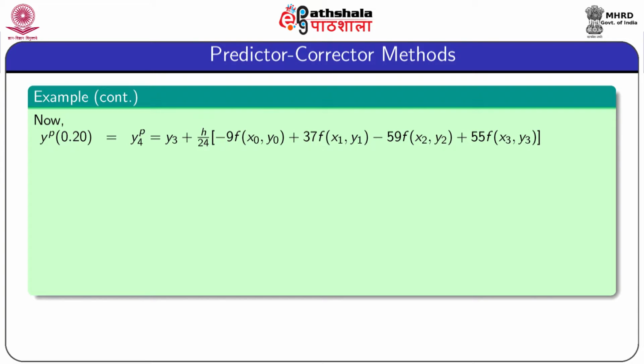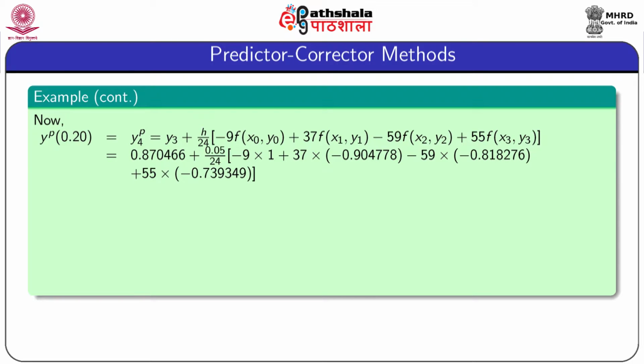Now as per the formula of the Adams-Bashforth-Moulton predictor formula, the yp at 0.20 is given by this formula, which is equal to y4p, because y0 to y3 is given. So the predicted value is calculated at x equal to x4, that means yp at 0.20 is nothing but y4p, and the formula is this one.